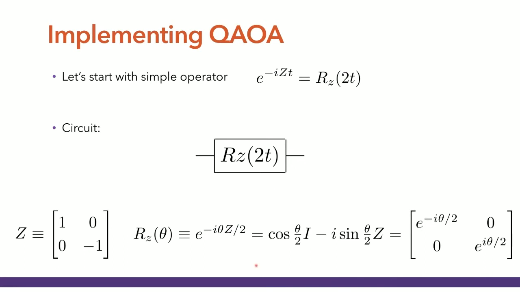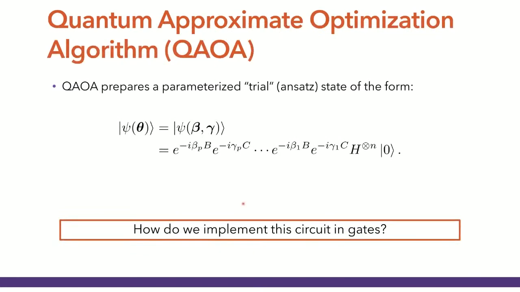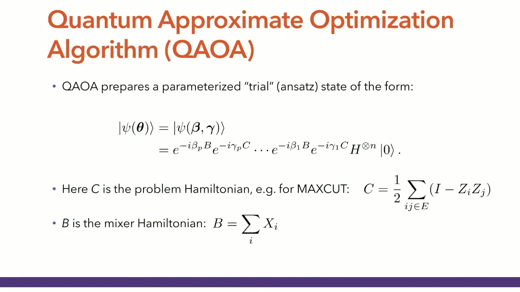So the question is, if I understand correctly, setting the mixer to also be, for example, the sum of single qubit PauliZs on all qubits. Okay.